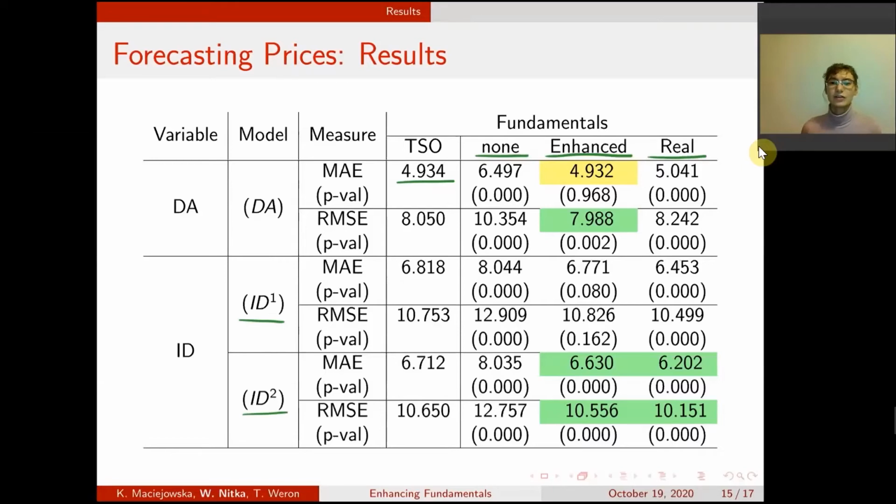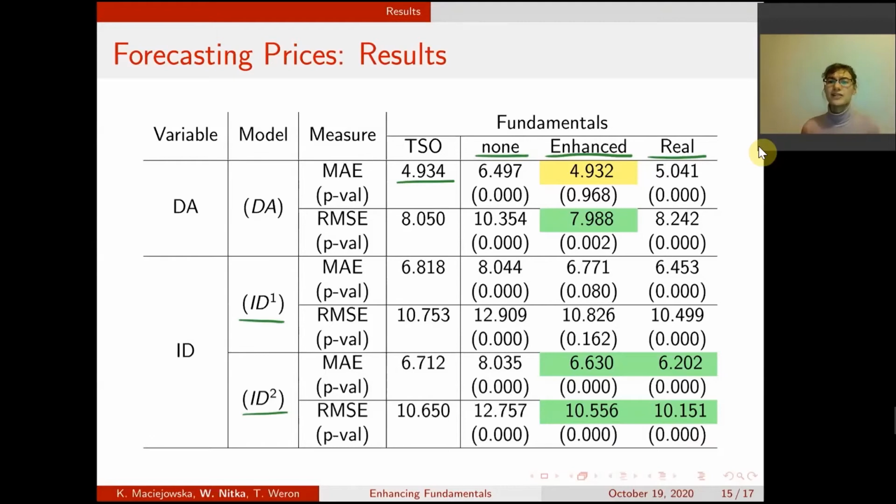And the results show that yes, we can use our fundamentals models to obtain a significant improvement over the TSO forecast, and an even bigger improvement by using the real values.